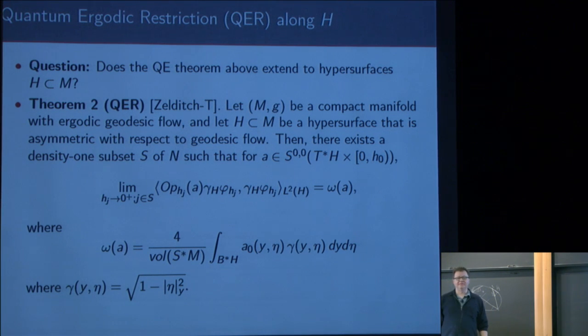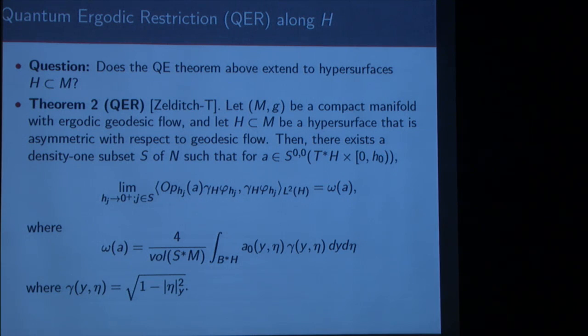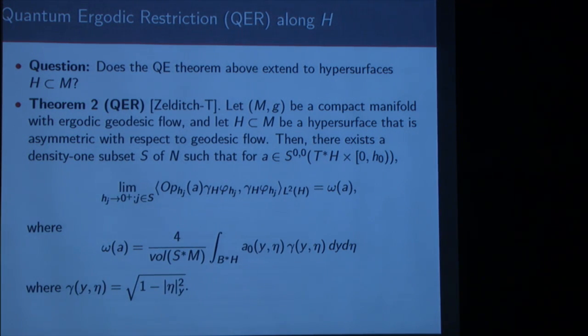But now at the level of hypersurfaces, you have this price you must pay. I think one should emphasize here that when you restrict to a hypersurface, even the fact that the L2 restriction norm should be uniformly bounded, that's certainly not true.